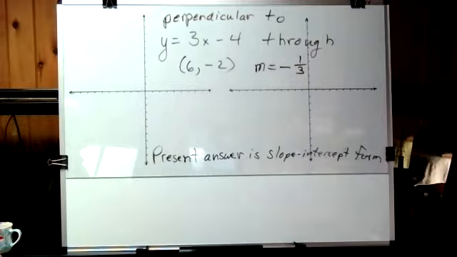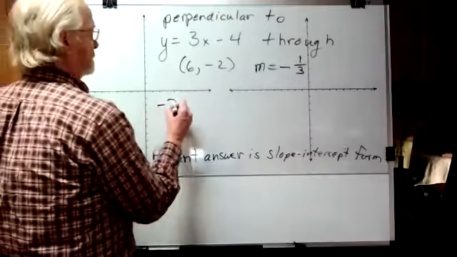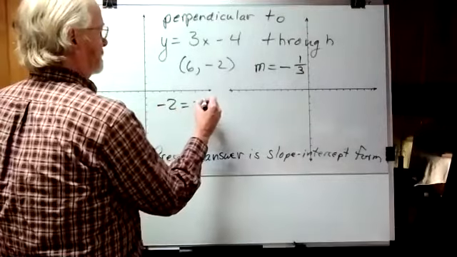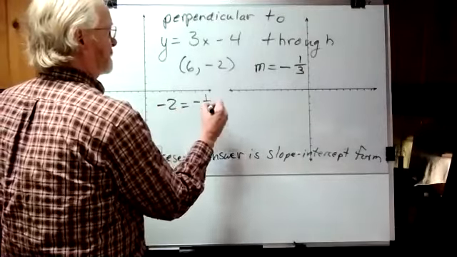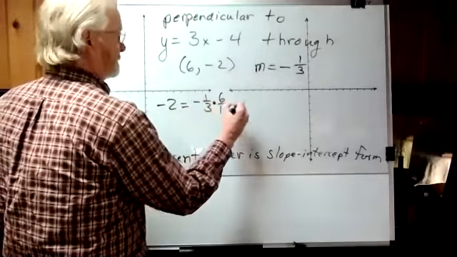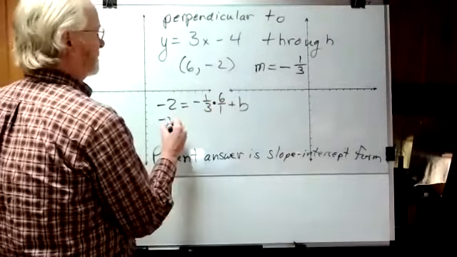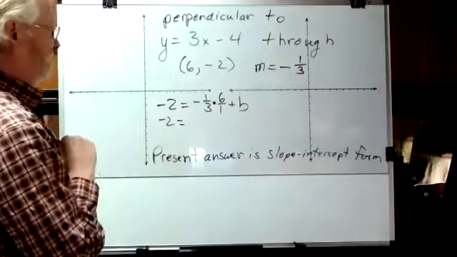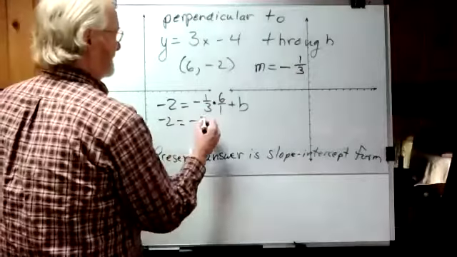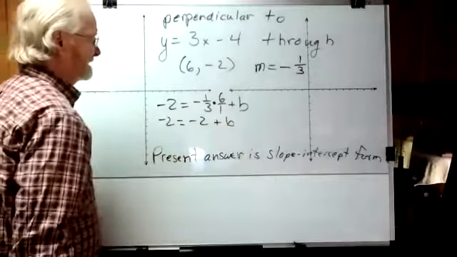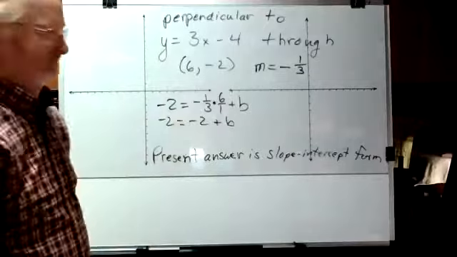And then when I did the problem, I got 0 for B, so I'd like to make sure I did it right. I wrote it out, -2 equals the -1/3 times 6/1 plus B. Then I reduced, and I got -2 equals -2 plus B. Of course, those cancel each other out.